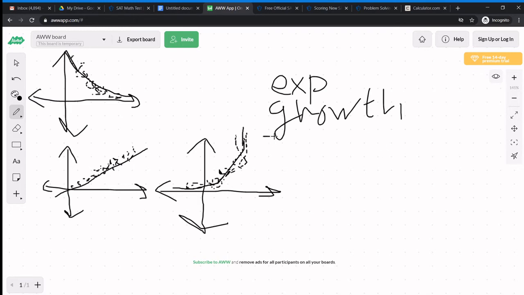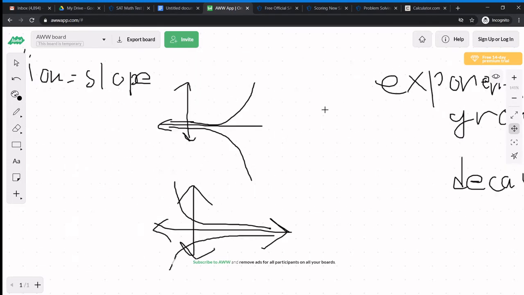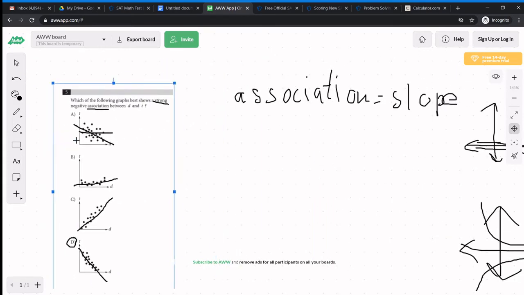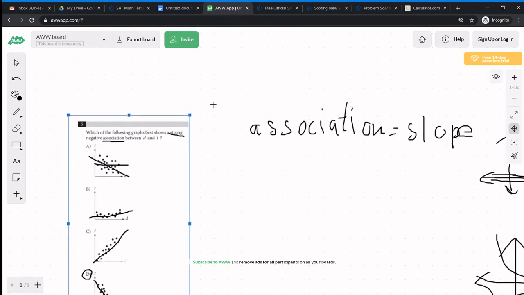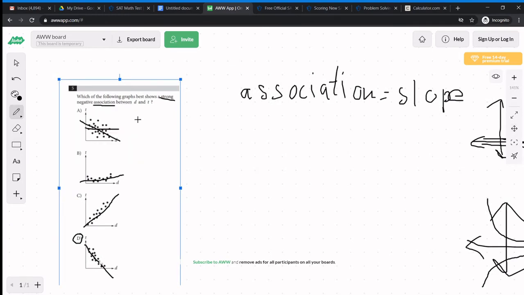As long as you know the key terms growth and decay, and then you know what a positive and negative association are. Just positive slope, negative slope. Strong just means how negative the slope is. If it's like -5, which is really steep, -5, this is stronger than a -3, right?